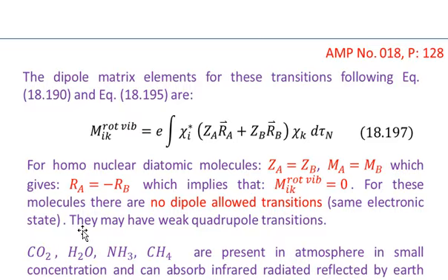They may have weak quadrupole transitions. I don't know whether I will be discussing the quadrupole transitions or not, but if possible, I may consider quadrupole transitions in the next lecture.